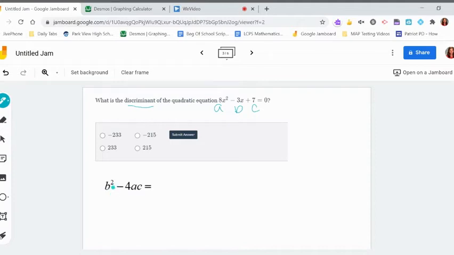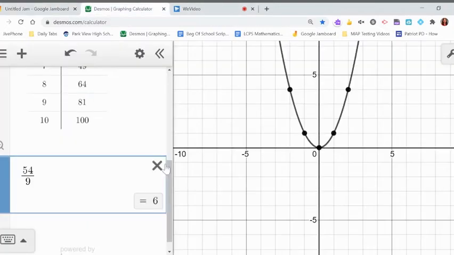So what I'm going to do here is follow this pattern, b squared minus 4ac. You do not have to memorize this formula. So b squared, my b is negative 3. Square that, minus 4. Your a is 8. And my c is 7. All right, you do not have to do that in your head. You come over to your calculator, and we can get rid of this one.